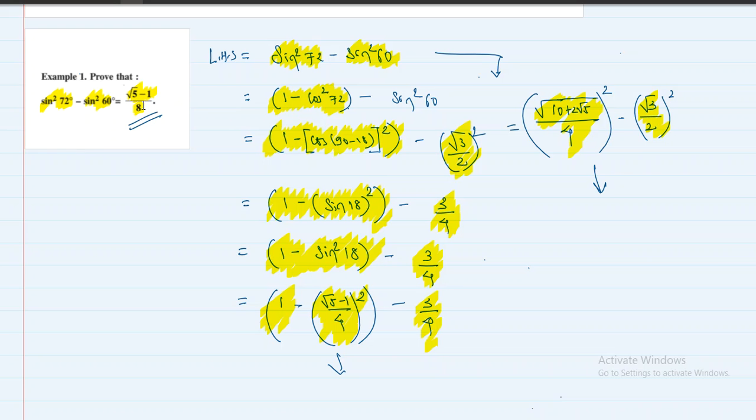If you can memorize all the values, very nice. If you cannot, then memorize at least sin 18 and cos 18, which will be useful in these kinds of situations. Please pause the video and solve it further. Okay, I hope you're done with this. Let's go ahead and check out what we have here.